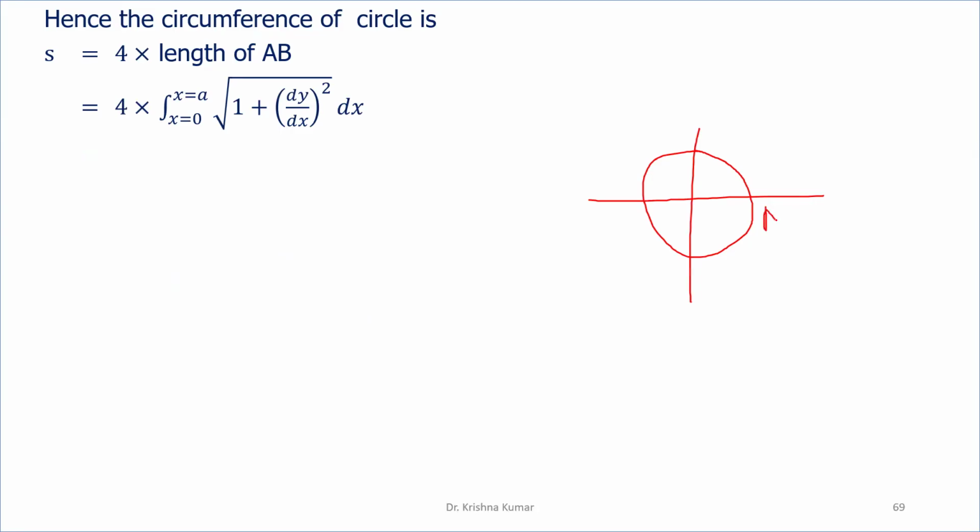This is A and this is B. So we want to find the length of this part, AB, where this is A0 and this is 0B. If we find the length of this part and multiply it by 4, then we get the whole circumference of the circle.